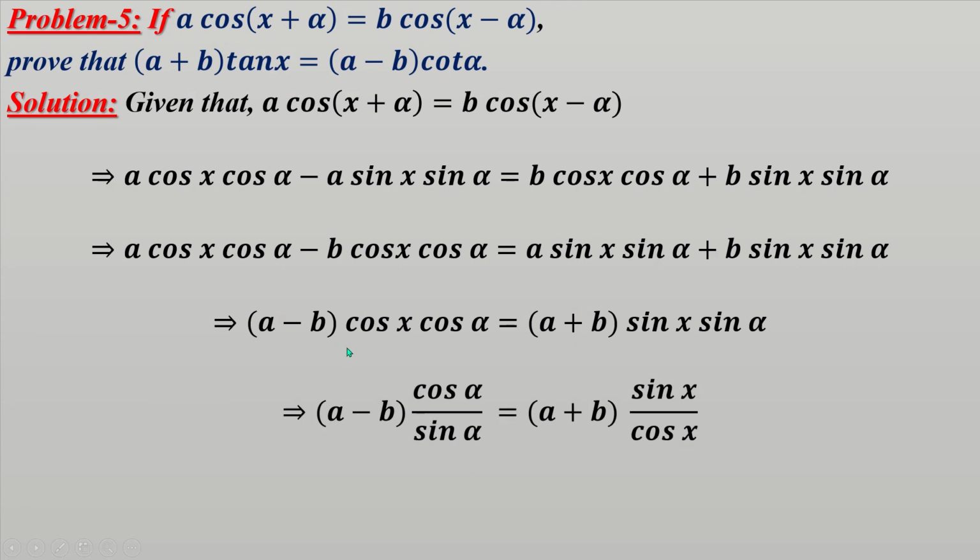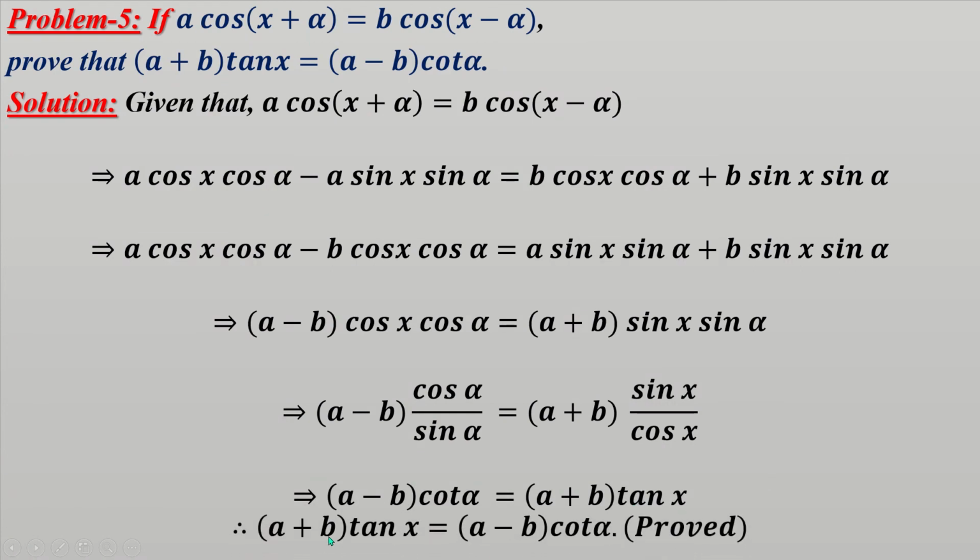Now dividing by alternando, sin alpha goes to the left side and cos x goes to the right side. As a result, the right side will be sin x by cos x, the left side will be cos alpha by sin alpha. So this is cot alpha and this is tan x. Therefore (a plus b) tan x equals (a minus b) cot alpha. Proof is complete.